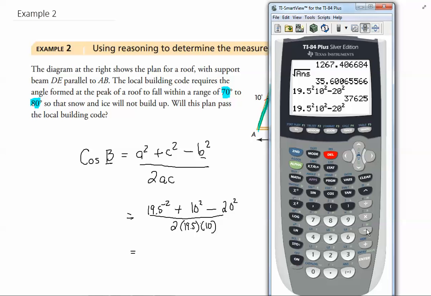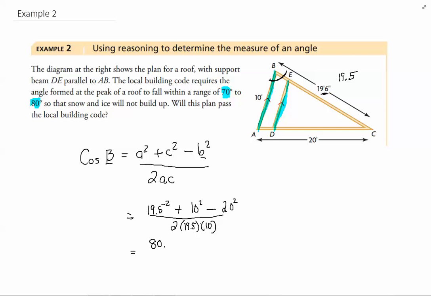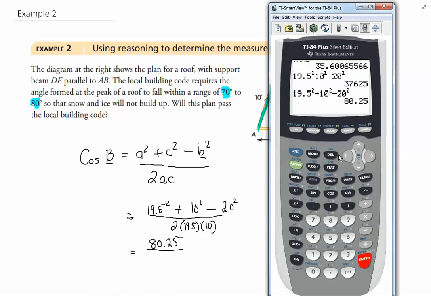I'm going to insert my plus sign there. Here we go. So I have 80.25 over, and let's calculate our denominator. 2 times 19.5 times 10.